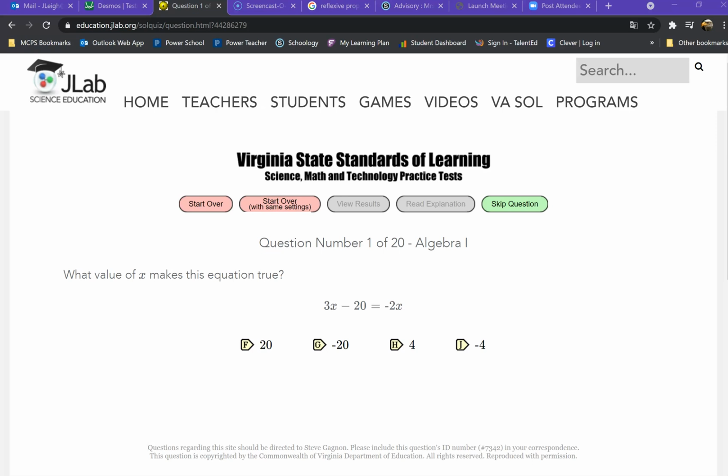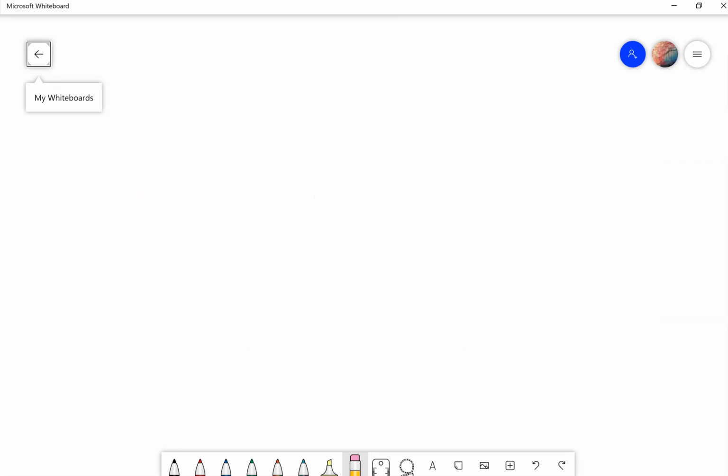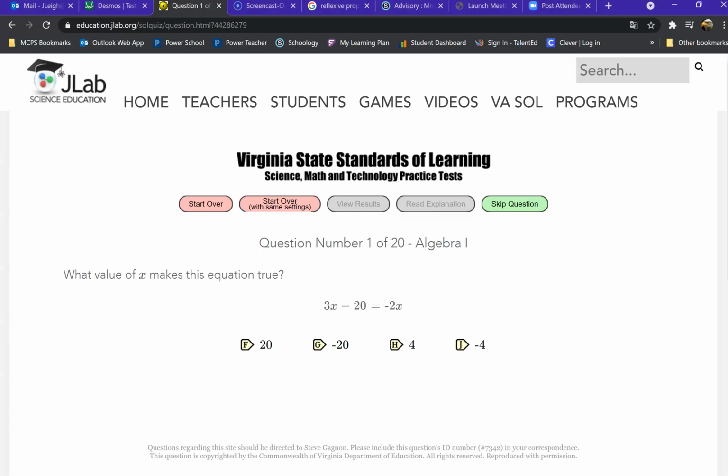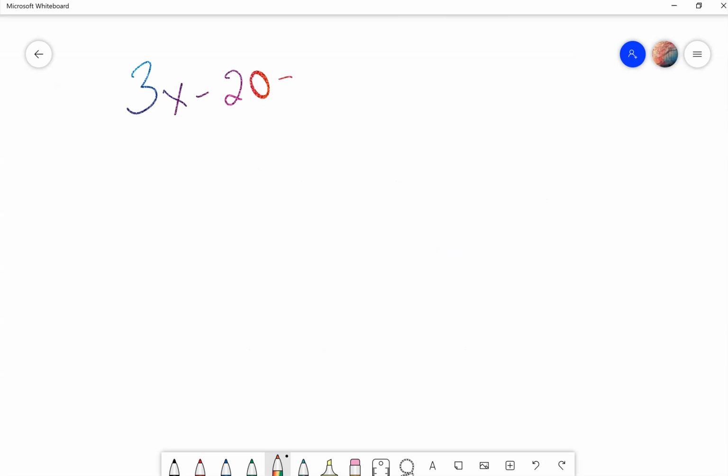Question number 1. What value of x makes this equation true? So 3x minus 20 equals negative 2x.